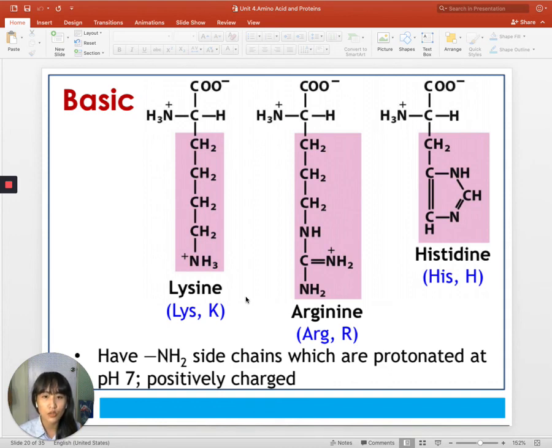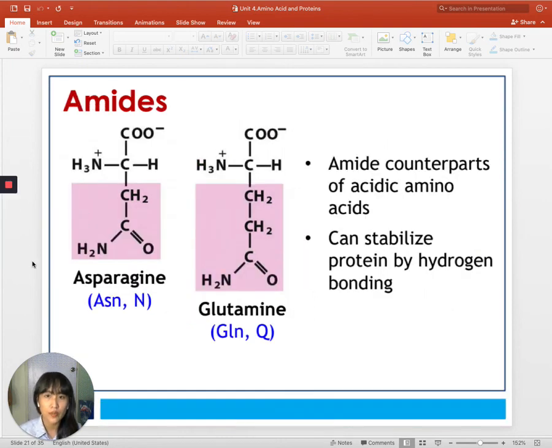Again, this group has positive charge. The next group are the amides. These are amide counterparts of acidic amino acids. They can stabilize protein by hydrogen bonding. These are also polar uncharged groups. Examples of amides are asparagine and glutamine.